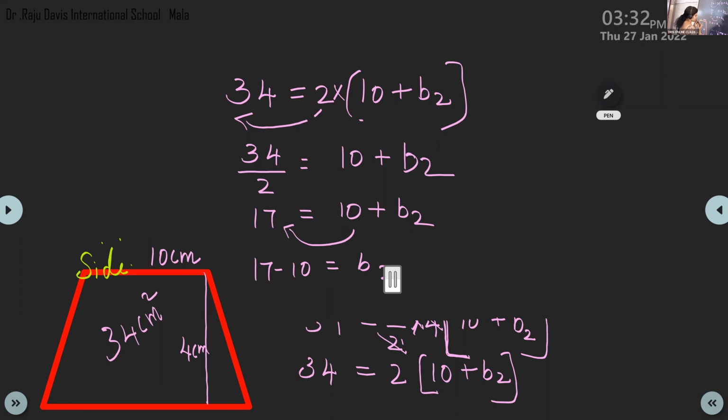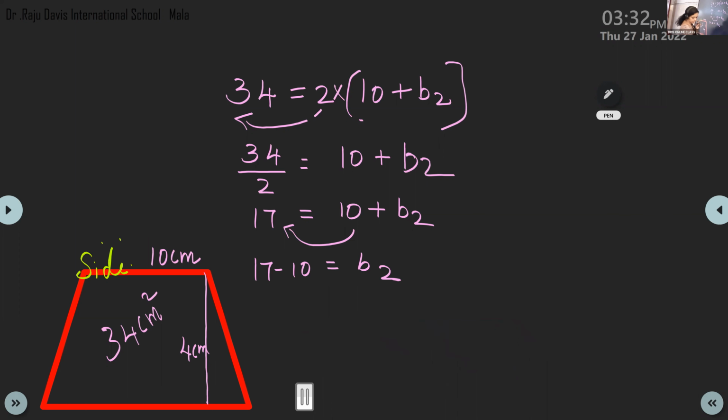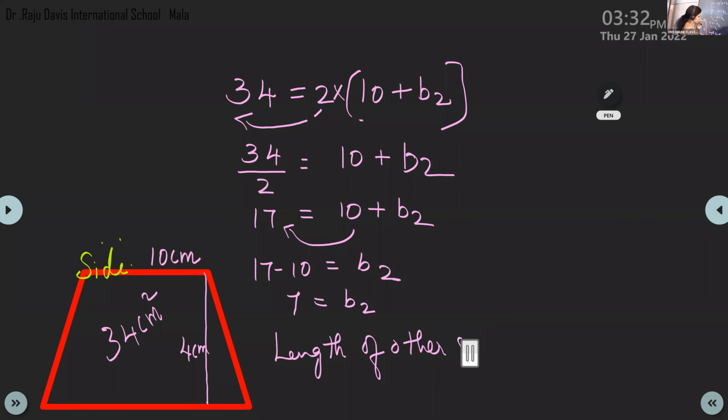What is 17 minus 10? It is 7 centimeter. So B2 you got 7. That means the length of the other parallel side is equal to 7 centimeters.